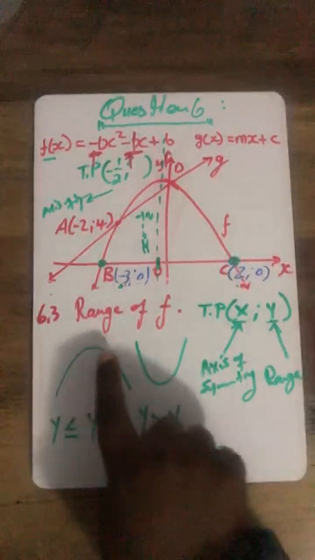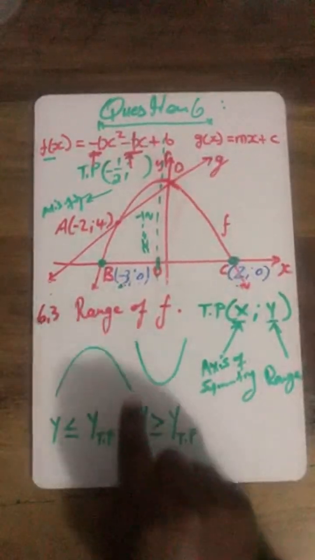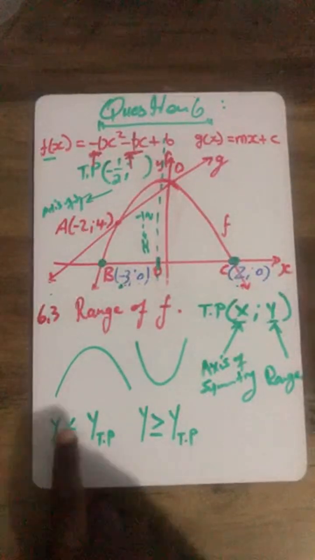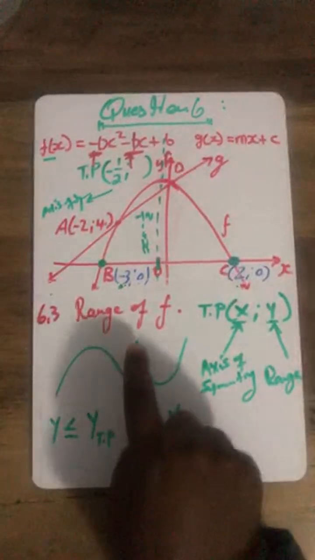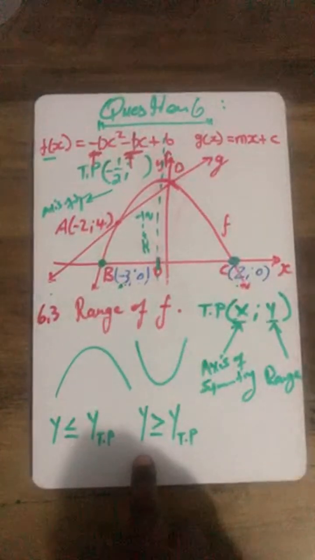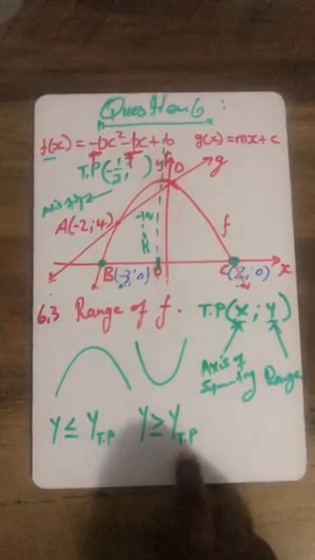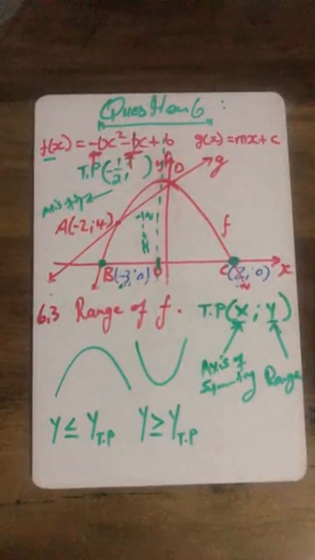Is it a sad shape or a smiling shape? If it is a sad shape, you just say y is less than or equal to the y value of your turning point. If it is a smiling shape, you just say y is greater than or equal to the y value of the turning point. That's it. Does it make sense, honorable members or members who are honorable?